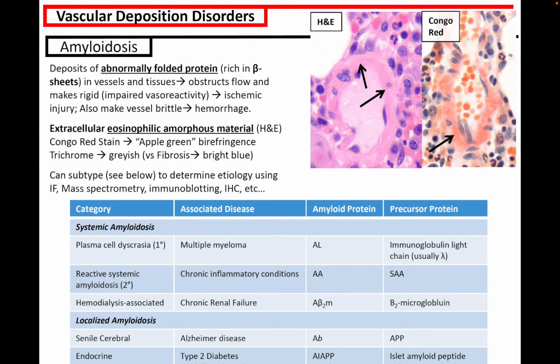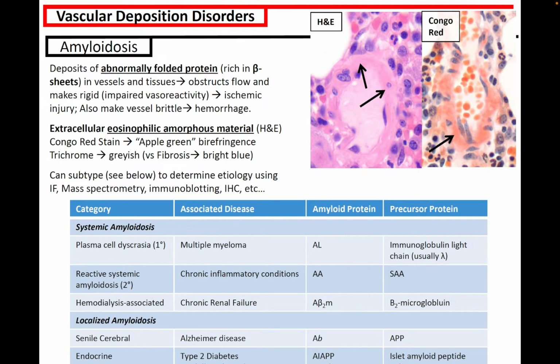The next category is vascular deposition disorders. First of which is amyloidosis. So in amyloidosis, there is deposition of abnormally folded protein, which is rich in beta sheets in the vessels and the tissues, which obstructs flow and makes it rigid, which impairs vasoreactivity, leading to ischemic injury and also making the vessel brittle, which can lead to hemorrhage.